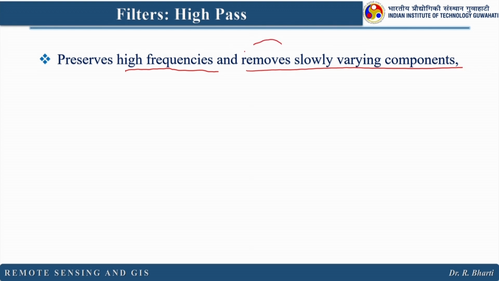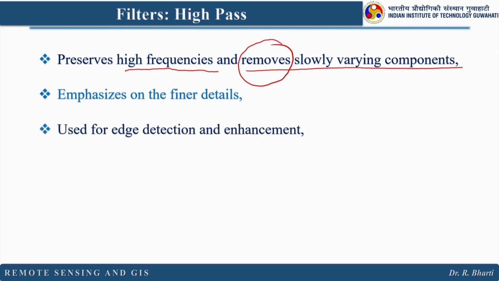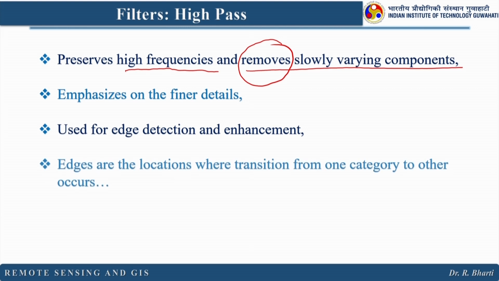The emphasis is on the finer details, because the high frequency DN values are the DN values found in the boundaries or edges. If you have preserved your edges, you will have more detail about the data. We will see that there are many other filters which are used for edge detection and enhancement.